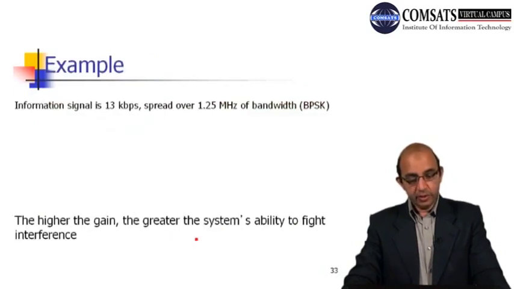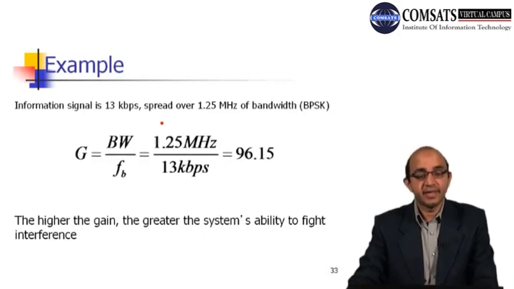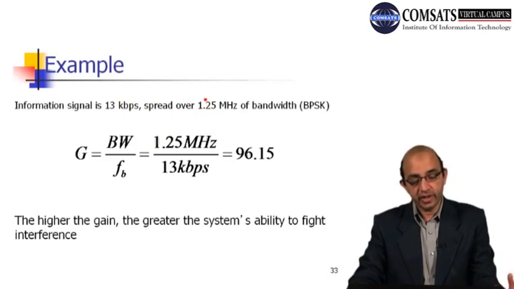Here we have the example. The information signal is 13 kilobits per second spread over 1.25 megahertz. You can see the difference: this is 13 kilobits per second, and now you can see the shift towards the higher frequency, 1.25 megahertz.